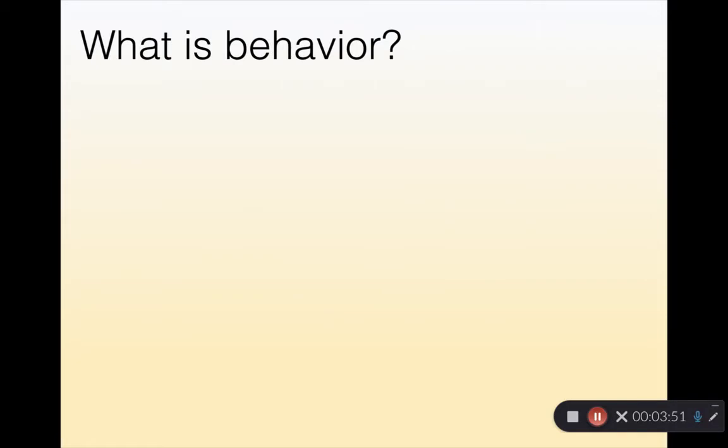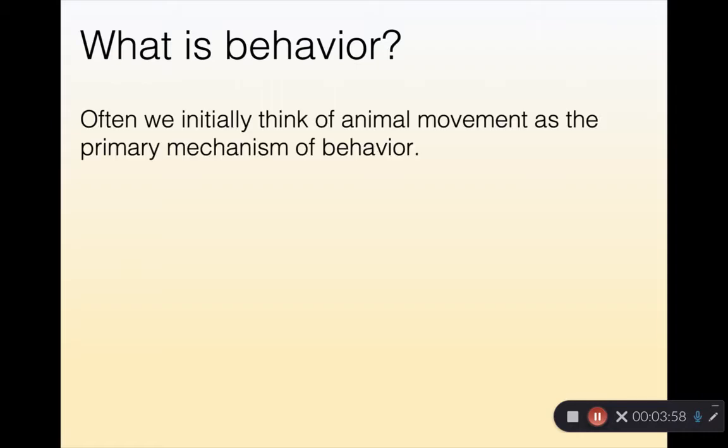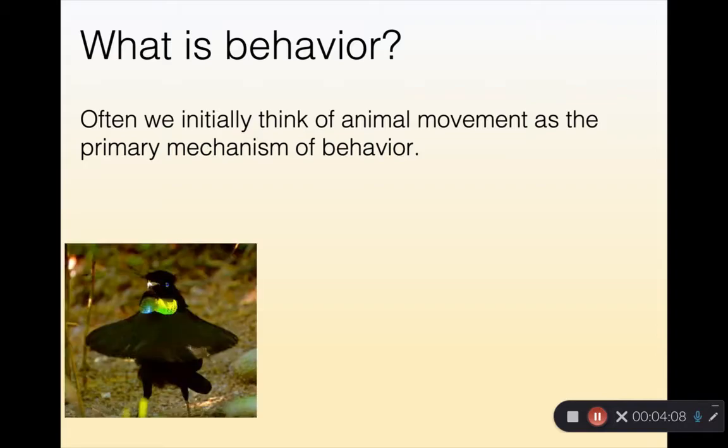So let's first start to tackle that first question. What is behavior? Initially, when you envision what animal behavior is, you're likely thinking about animal movement. You're thinking about potentially a mating display from a bird of paradise.